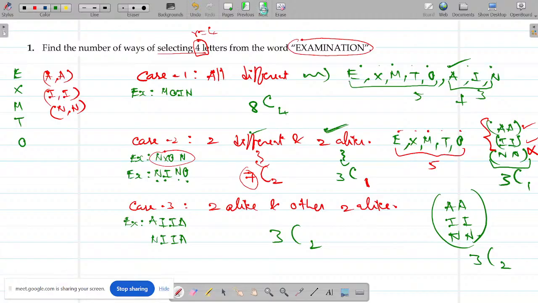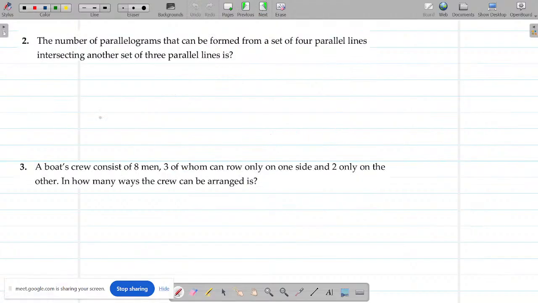The next problem is quite simple. Directly I'll go for the problem. Number of parallelograms that can be formed from a set of 4 parallel lines intersecting another set of 3 parallel lines. So it's a little geometric. What do you mean by parallelogram? Opposite lines will be parallel and equal.